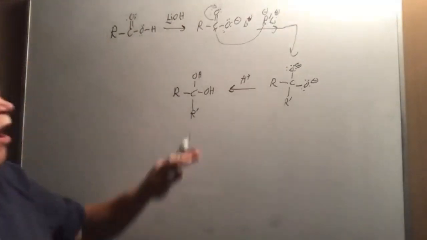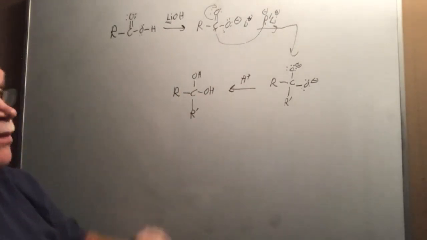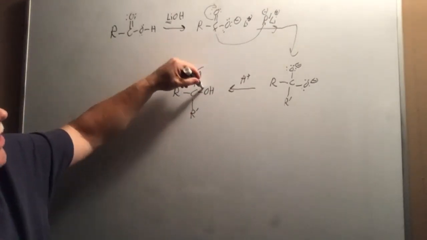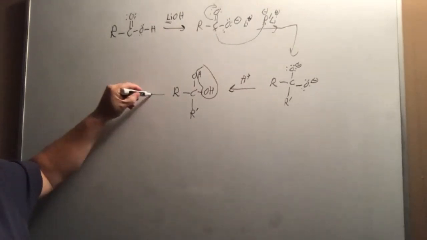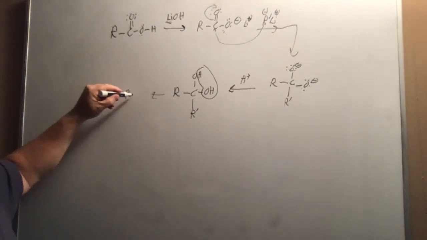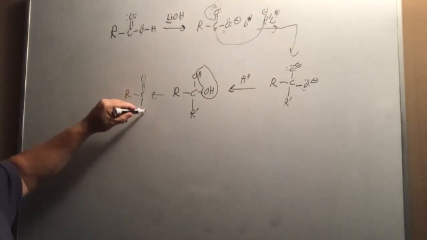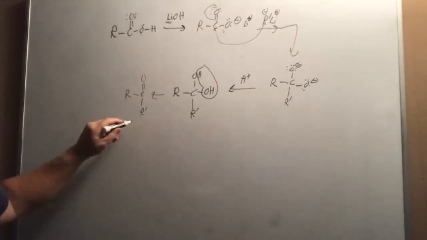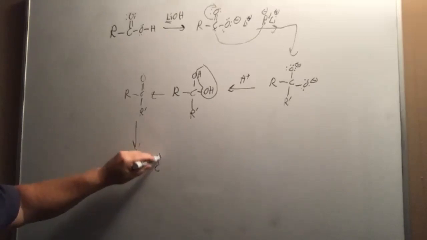When you have a compound that has two OHs attached to the same carbon, what normally happens is one of these waters leaves. Now I'm going to rewrite this like this. But isn't that the same thing as this?